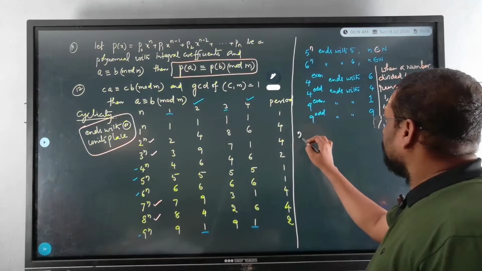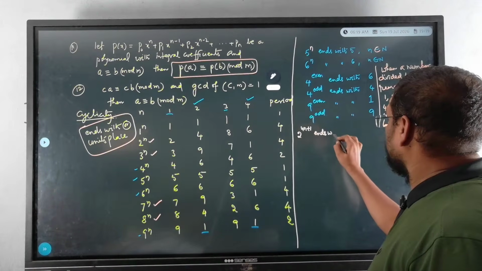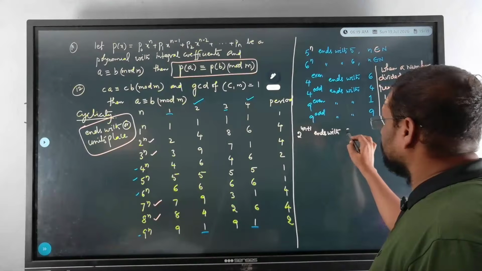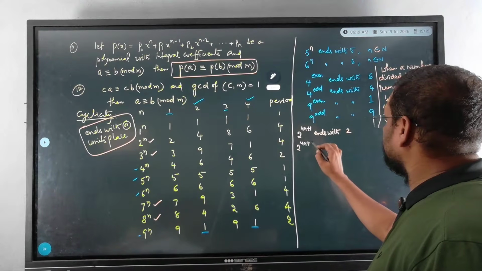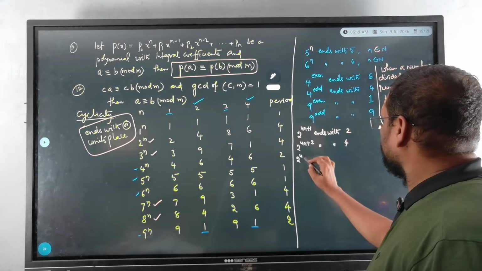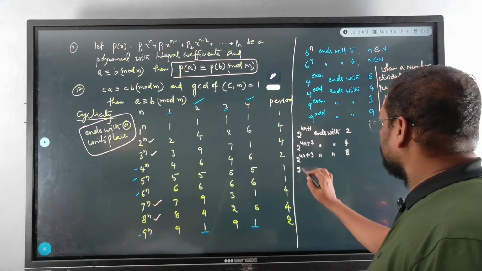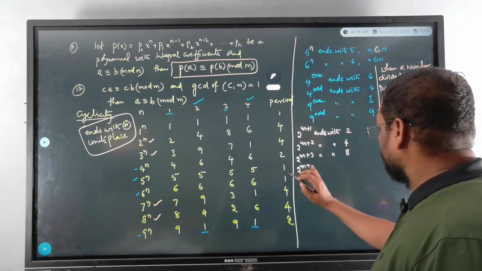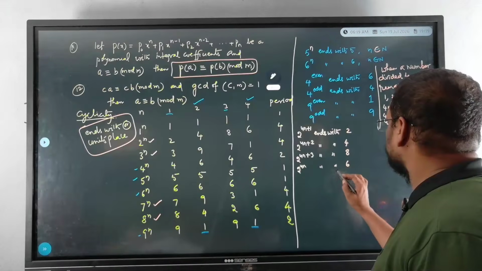So 2 power 4n plus 1 ends with, means units place, 2. 2 power 4n plus 2 ends with 4. 2 power 4n plus 3 ends with 8. 2 power 4n ends with 6.